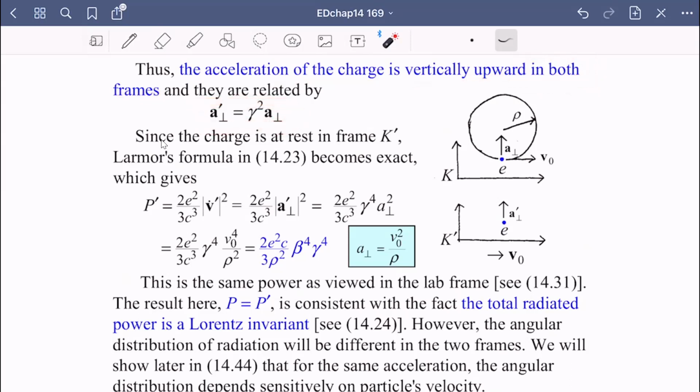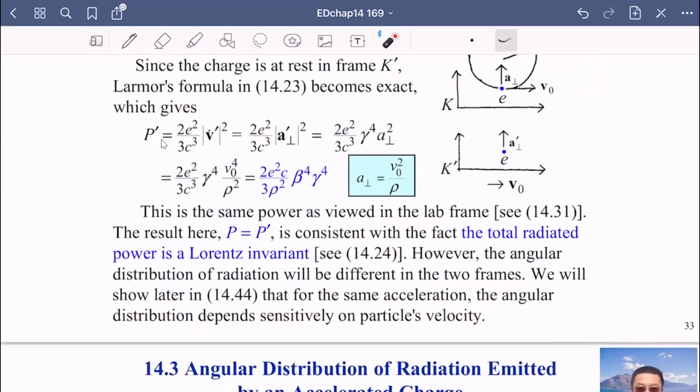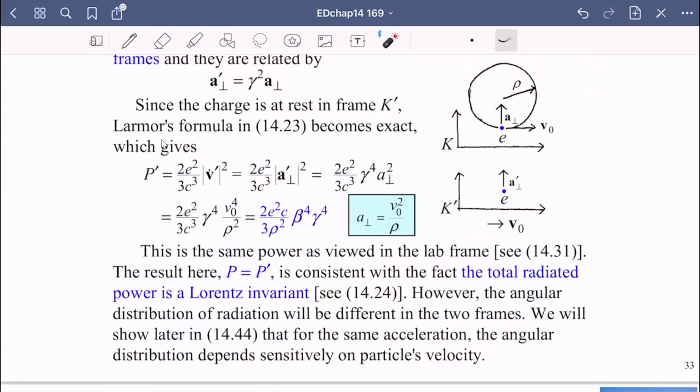Since the charge is at rest in frame K prime, and the velocity is very small, we can strictly use Larmor's formula.